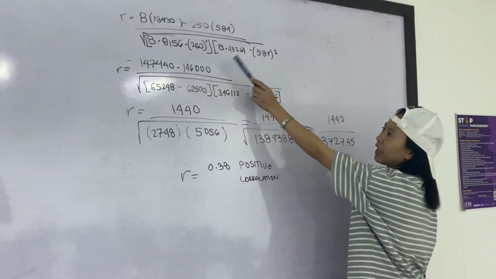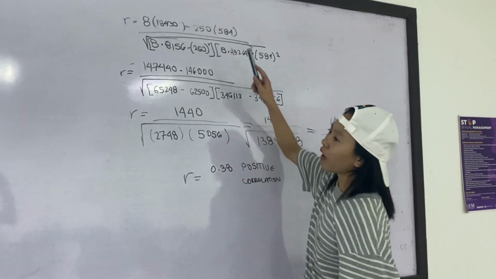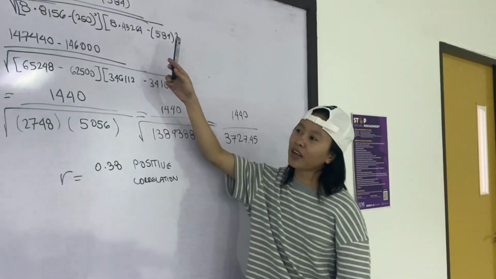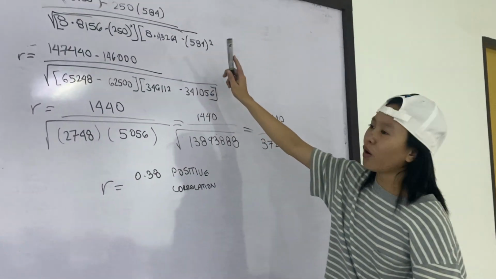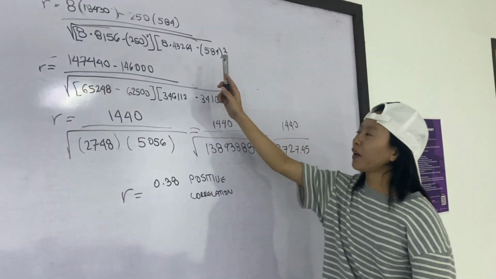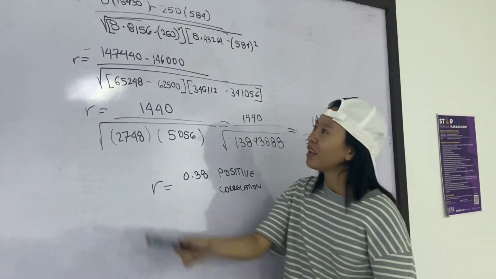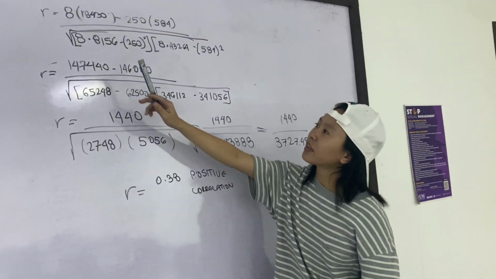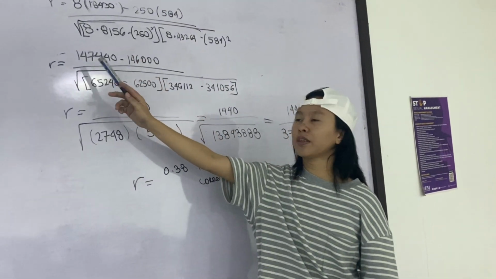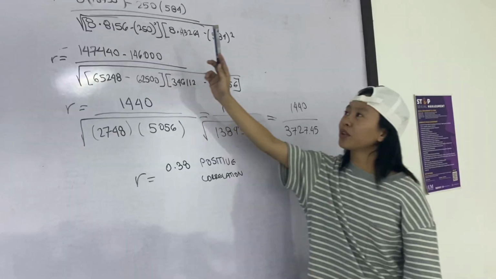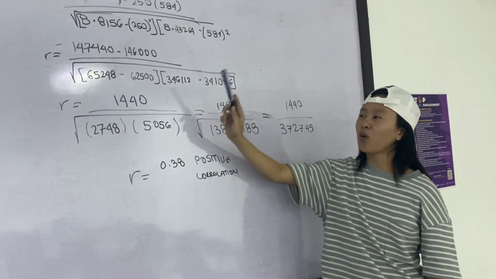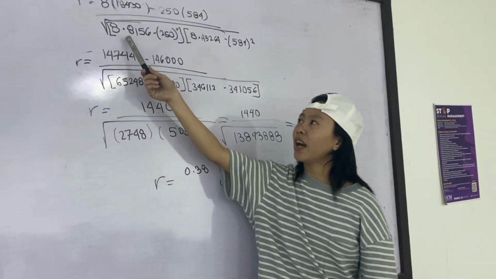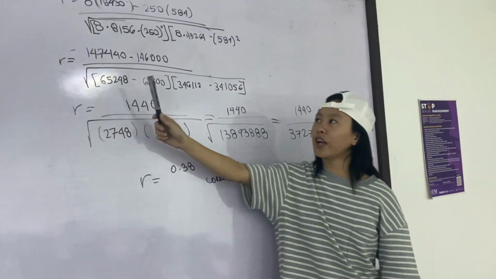Then our N is 8, and the sum of Y squared, that is 43264, minus the sum of Y, that is 584, then squared. Then we're going to multiply the 8 times 18430, that is 147440, and multiply the 250 and 584, that is 146000. Then multiply the 8 and 8156, that is 65248.